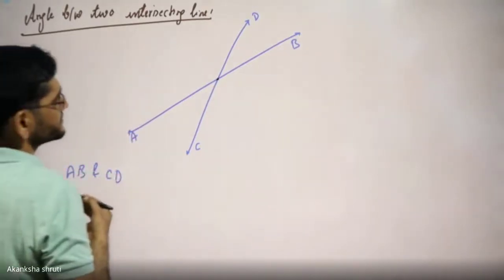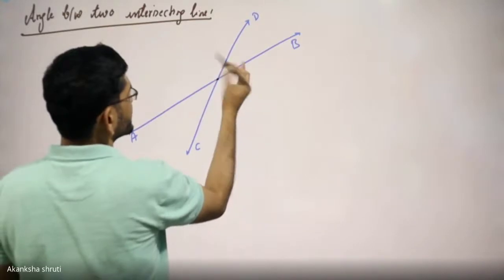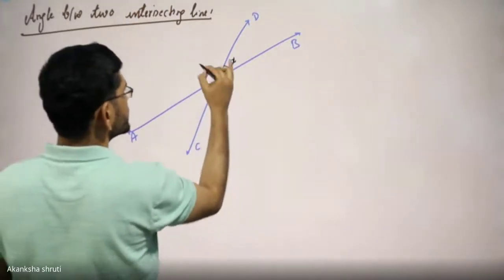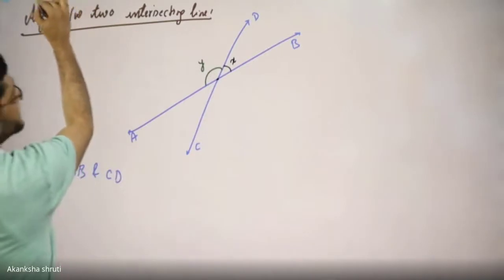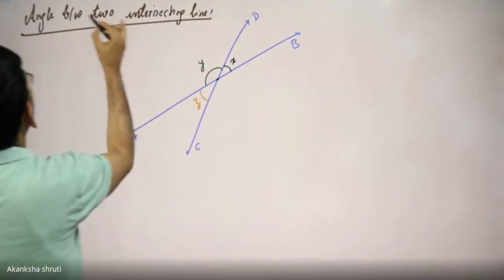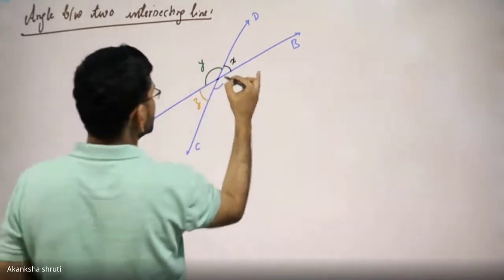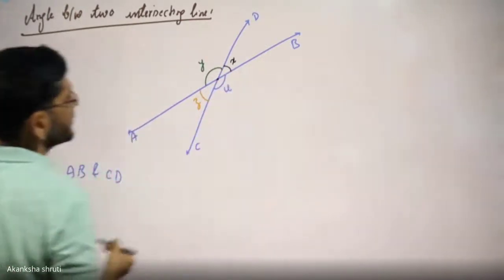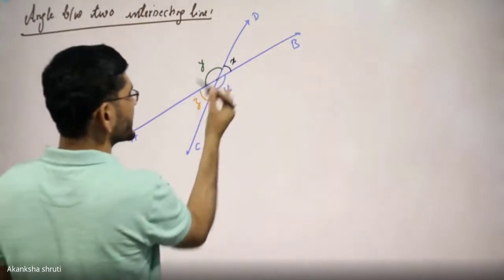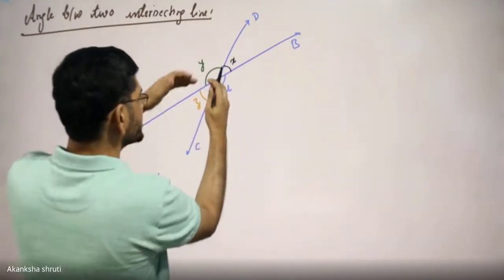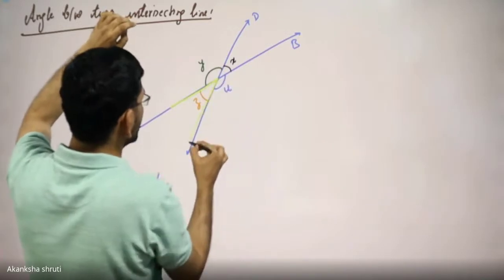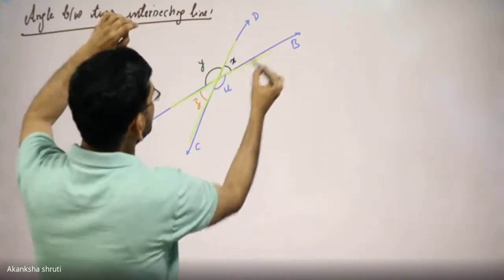Then considering this, we can have various angles. Here this angle, we may call X. The other one, between these two, let us call Y. Between the other two, let us call this angle Z. And let us call this angle U. Then, students, if we focus on this vertex, on this side one may consider this, and the other is just opposite to this.